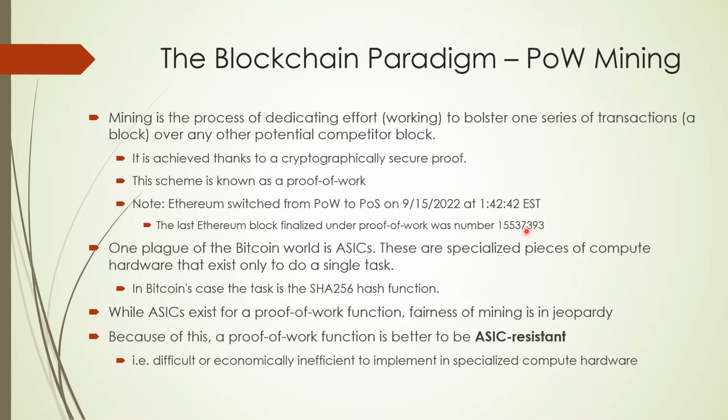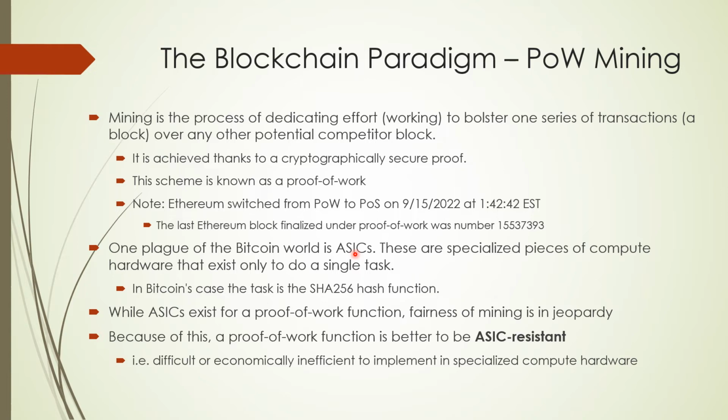Now, let's compare the proof of work of blockchain with Ethereum, and let's talk about that. One plague of the Bitcoin world and the mining process of Bitcoin is the application-specific ICs, application-specific integrated circuits. What is an ASIC? ASICs are specialized pieces of computer hardware that exist only to do one single task.